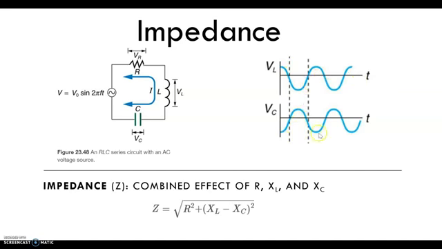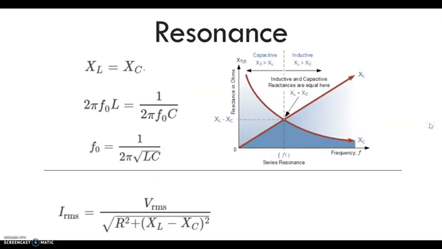Here on this side we can see if we were to superimpose these two graphs, they could at least partially cancel each other out. Again, depending on the magnitudes of the graphs, we might be able to fully cancel out the effects of both of these reactances.